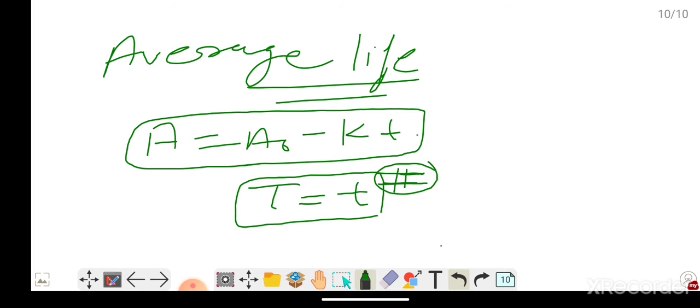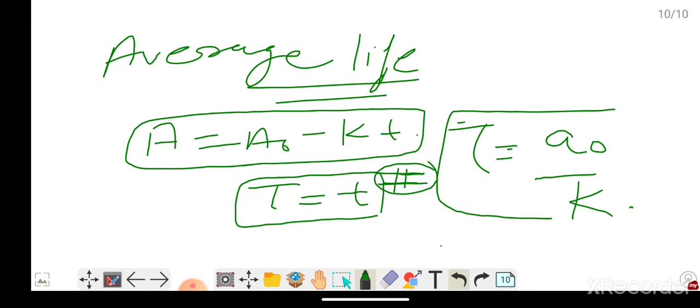So tau is equal to A naught by K. It is the total lifetime for completion of zero order reaction.